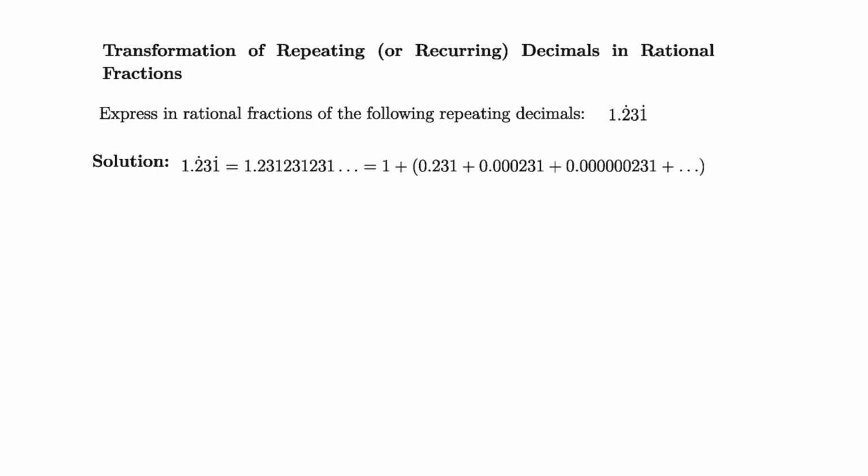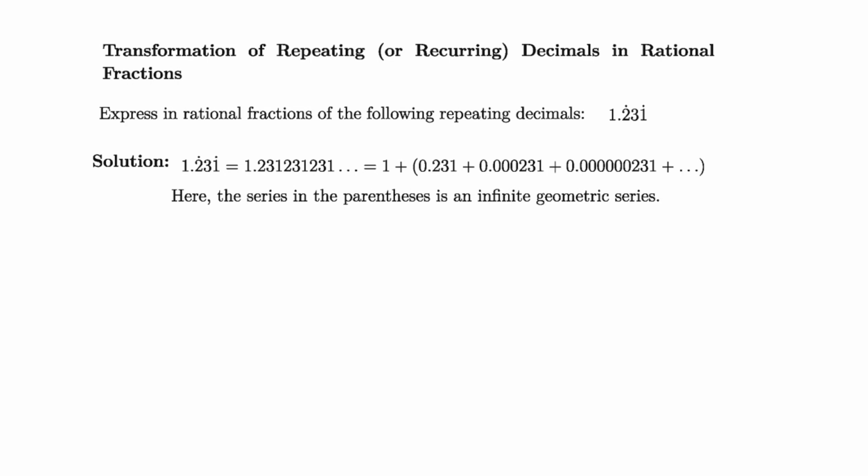Solution: 1.231 recurring equal to 1 plus bracket 0.231 plus 0.000231 plus 0.000000231 plus infinite. First bracket close.